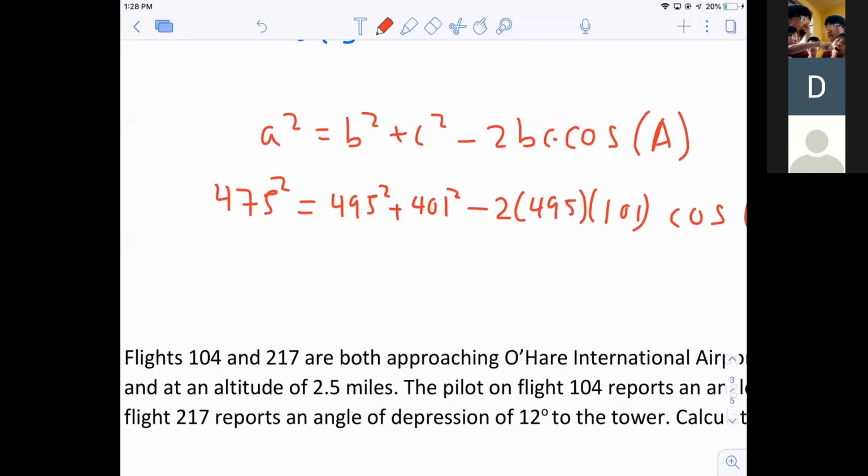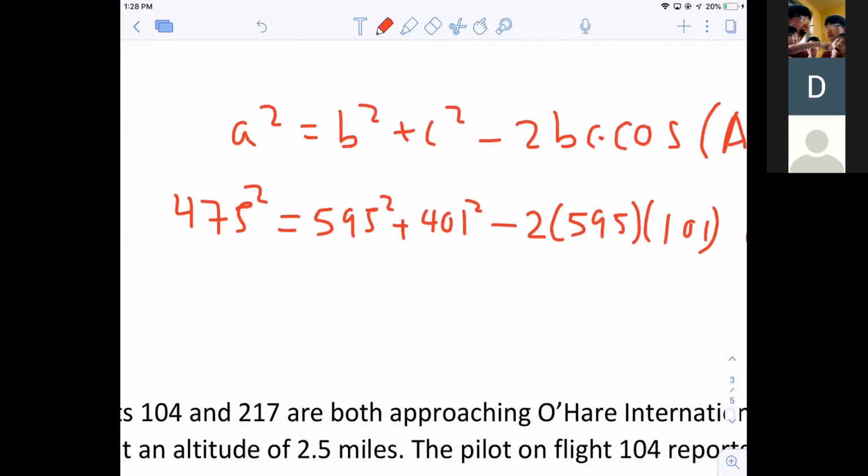Let me open up Desmos, and I'll show you how I would type this in the calculator. Also, I wrote 495 instead of 595. I fixed it. Let me share a different screen, though. New share. Let me share Desmos.